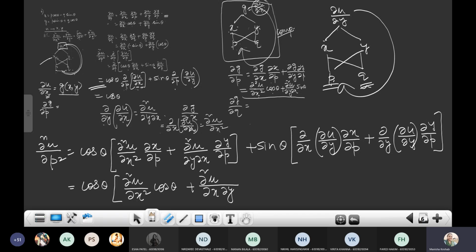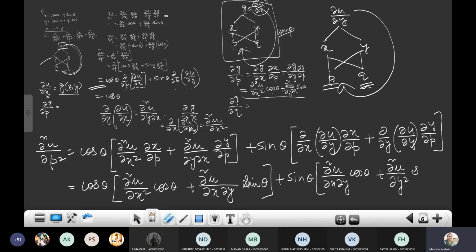Then we have ∂Y/∂P, so ∂Y/∂P is sin theta. Plus next, sin theta into, now this one will be ∂²U/∂X∂Y, ∂X/∂P is again cos theta, plus ∂²U/∂Y² into ∂Y/∂P. So ∂Y/∂P is sin theta.